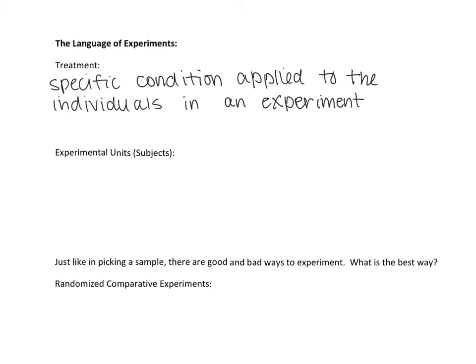A lot of examples you're going to hear me talk about are like giving drugs or not, testing new drugs. Experiments are very popular in the medical field and testing out new drugs. There are a lot of different other treatments as well.